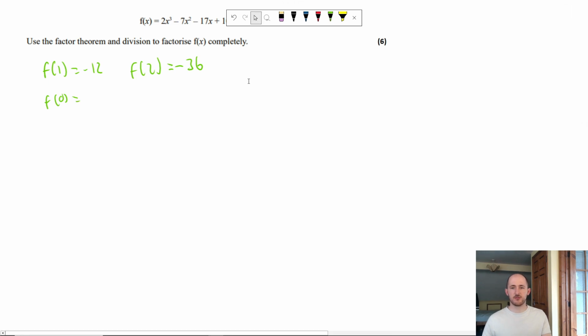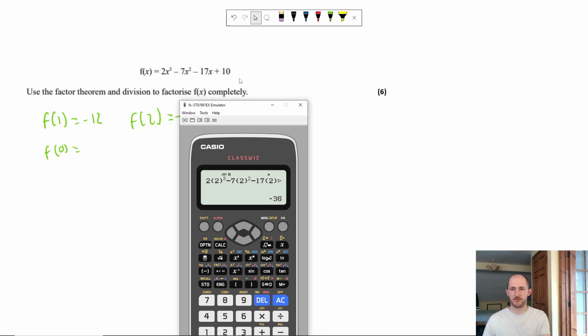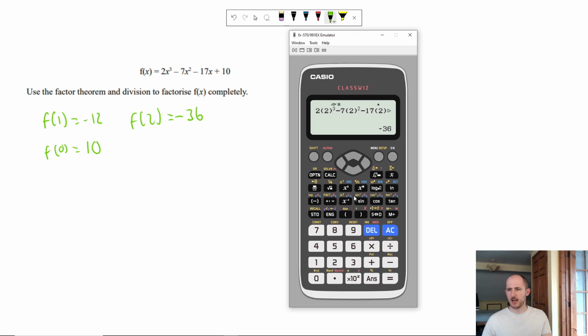Again, you don't need to actually write out all of these values. If I do f of 0, it's just going to be 10, so I don't even need to write that one down. That's heading in more or less the right direction. So let's try minus 1.